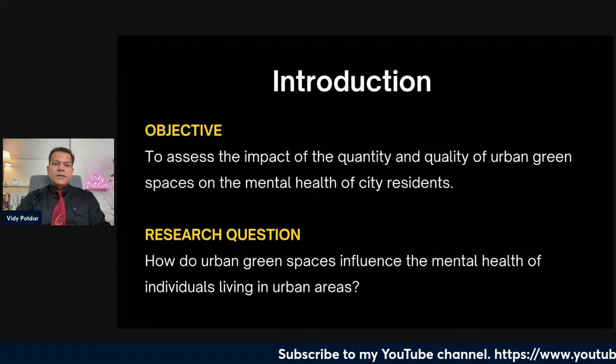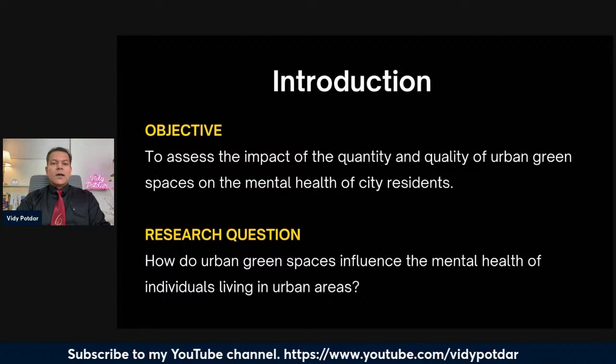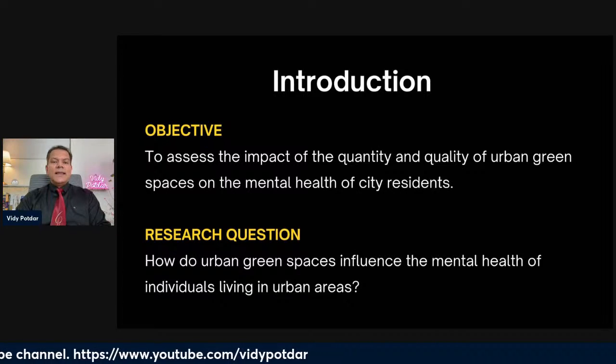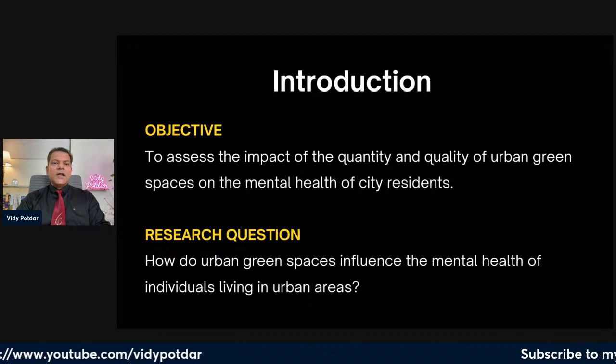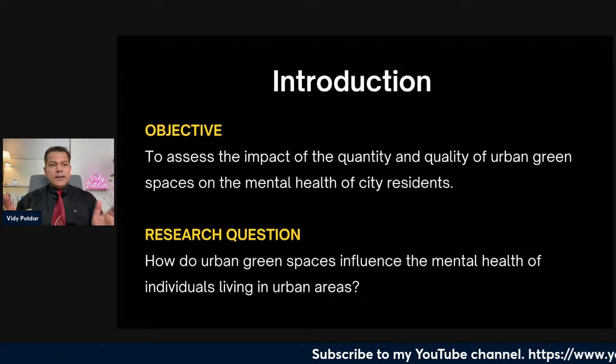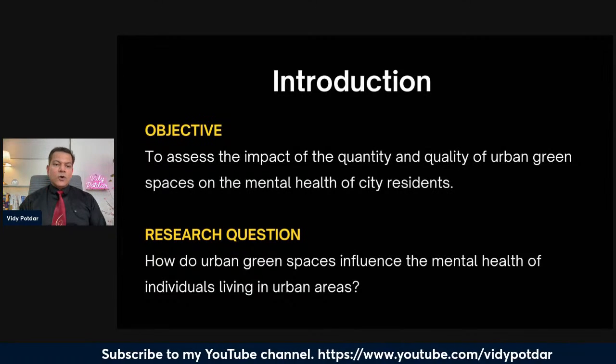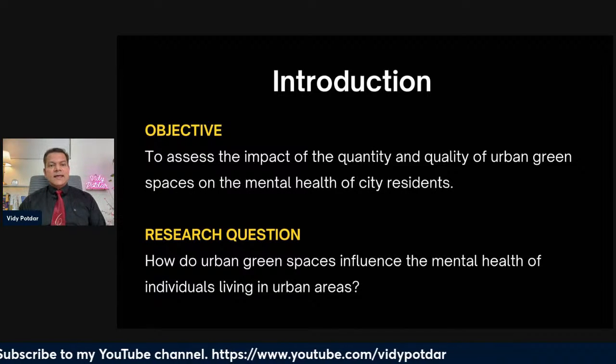The objective here is to assess the impact of the quality and quantity of urban green spaces on the mental health of city residents. So there are 2 things here: the impact of the quantity, so how many are there, and quality. Those are the 2 things that they want to investigate in this proposal.